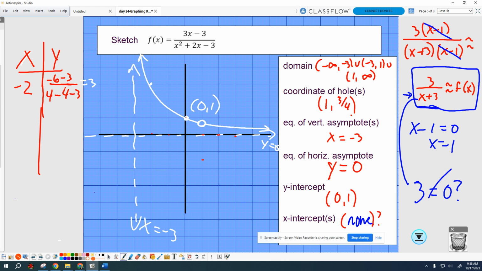Once you had a hole, did it not go into the domain? We removed it from the domain. Oh, x cannot be equal to 1. But if you look at the graph that I've drawn, it goes super, super close and just kind of skips over it.